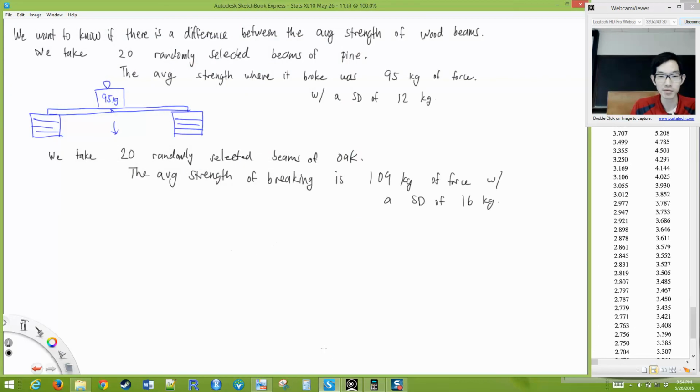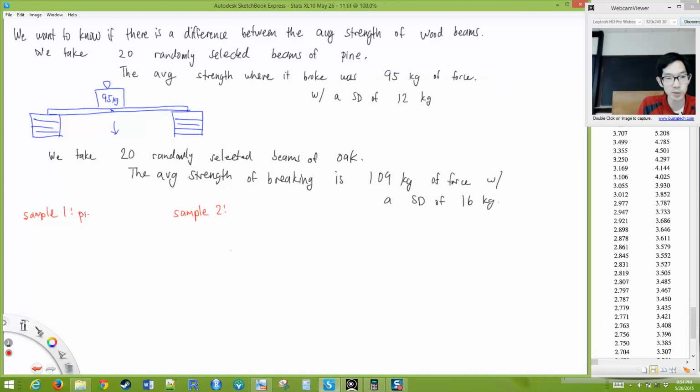Okay, so we might run out of time here. Just like every other problem, it's good to identify your data. So we'll say sample 1, and you just arbitrarily have to pick one to be sample 1 and one to be sample 2. So I'm going to say sample 1 is the pine.